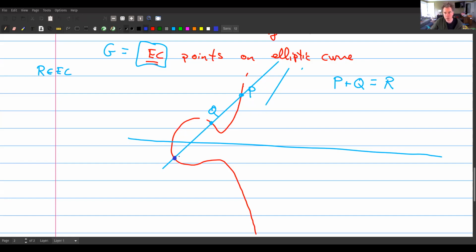We'll talk about a couple of exceptions to that in a second, but that's generally what happens. So this gives you another point on the curve, and you reflect it across the y-axis, and then that is R. So this is basically where the elliptic curve operation comes from.